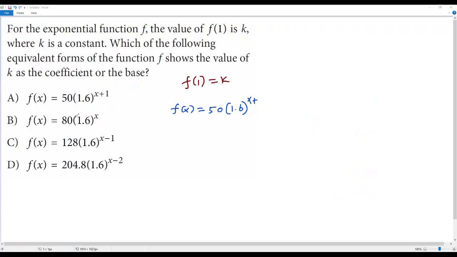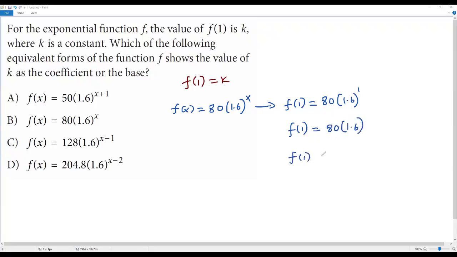Okay, now let me consider option B. The function in option B is f of x equals 80 times 1.6 to the power x. The same thing, I have to plug in x equals 1, then I'm getting 80 times 1.6 to the first power, which is still 1.6.